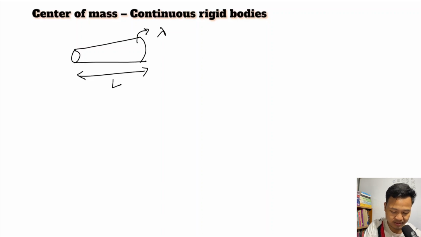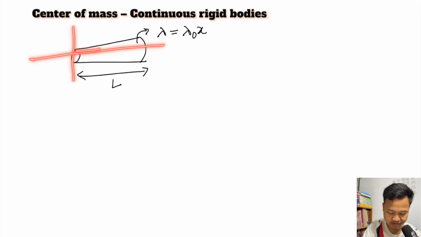Let's say lambda equals lambda naught into x, measured from zero. As x changes, lambda changes, so the mass distribution changes, the mass per unit length changes. These are non uniform rigid bodies.